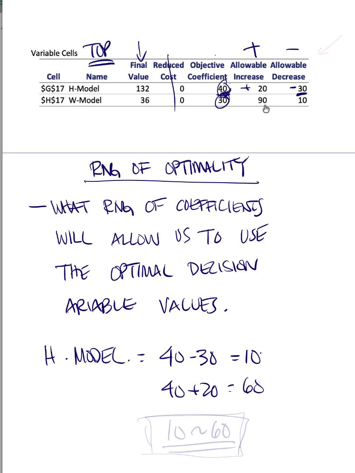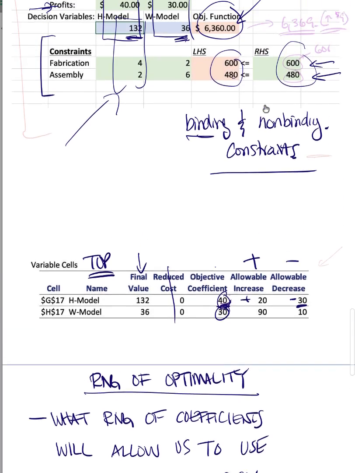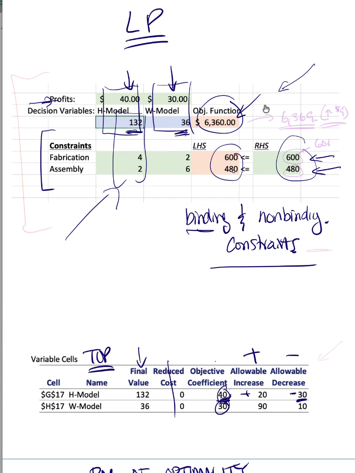So therefore the range is 10 to 60. Also understand, what does this 10 to 60 mean? There are ways that I can ask a question that will allow you to solve a problem by applying this to the Excel printout that I'll be providing you.